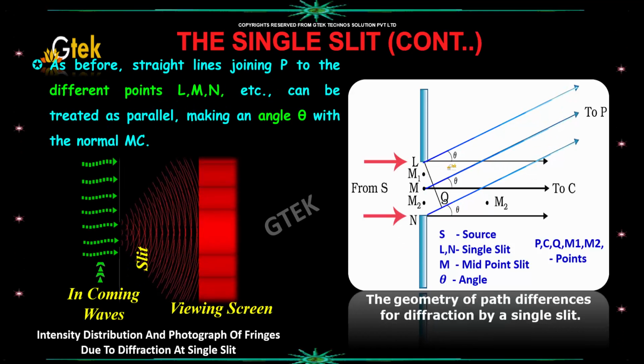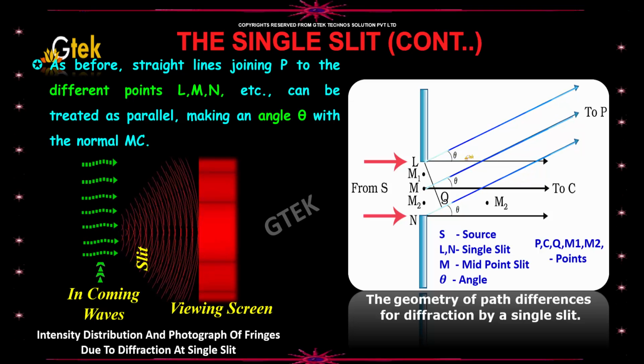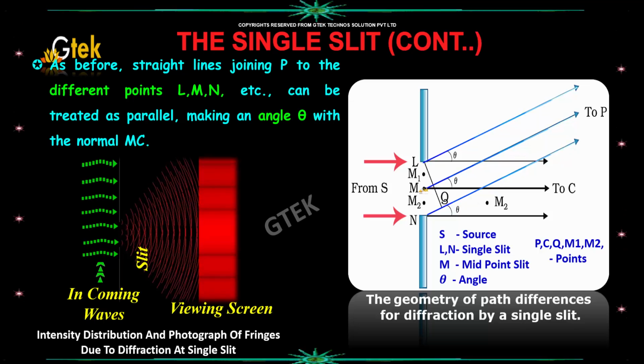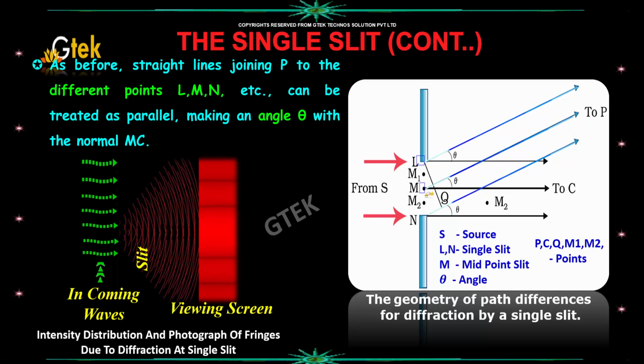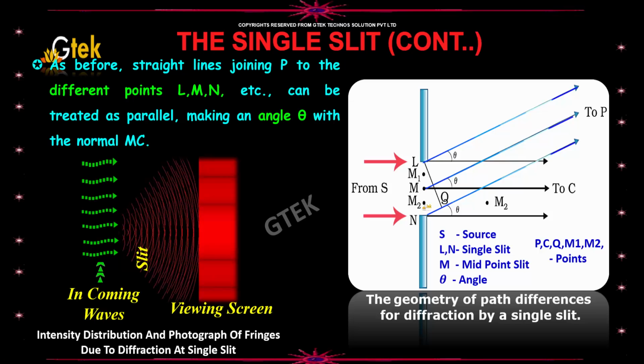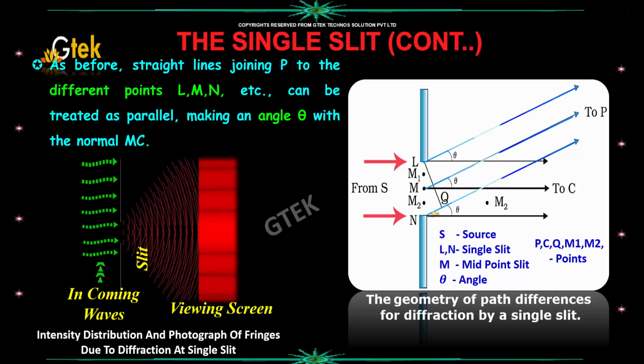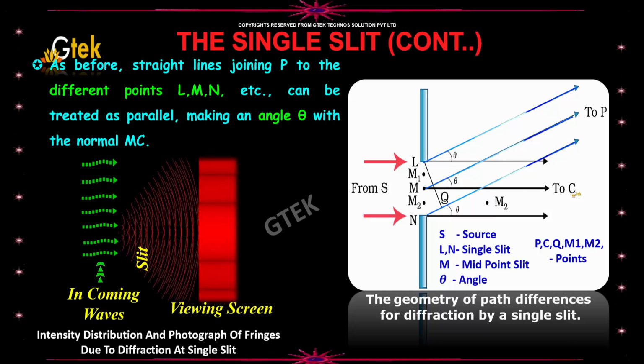So as before, the straight lines joining P to the different points of L, M, N can be treated as parallel, making an angle theta with the normal MC.